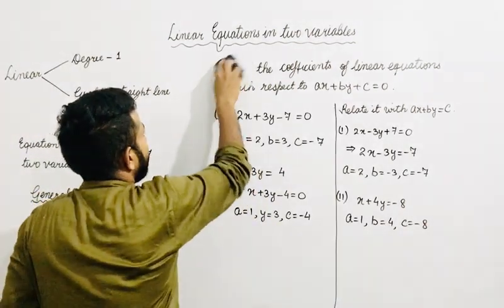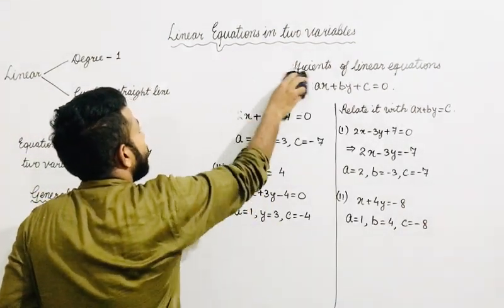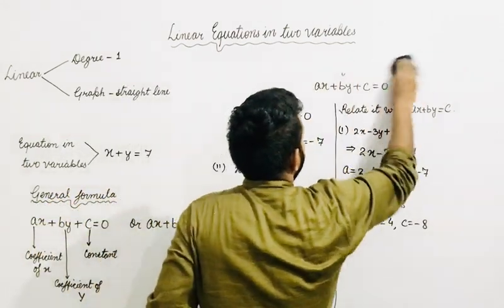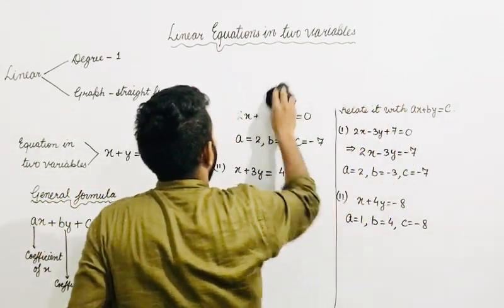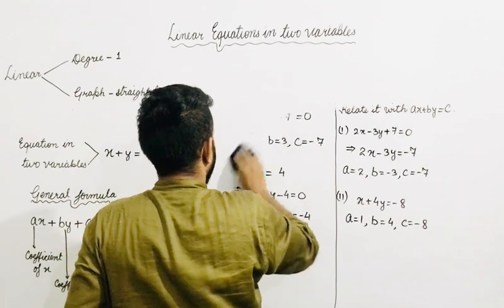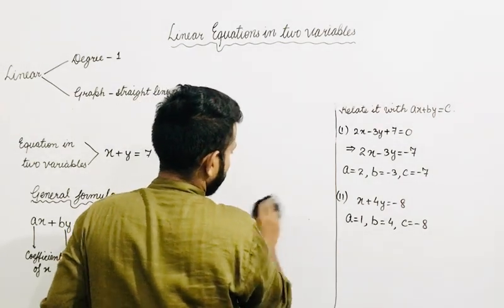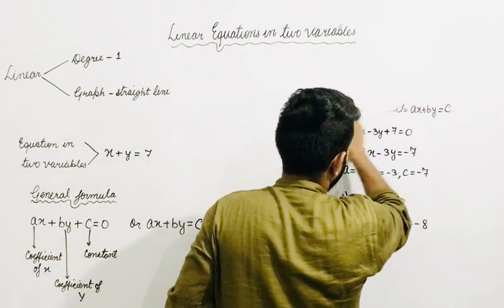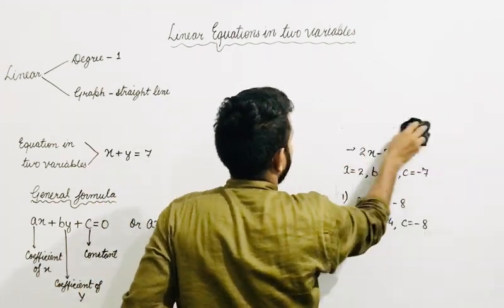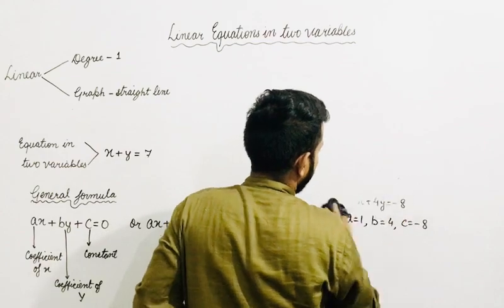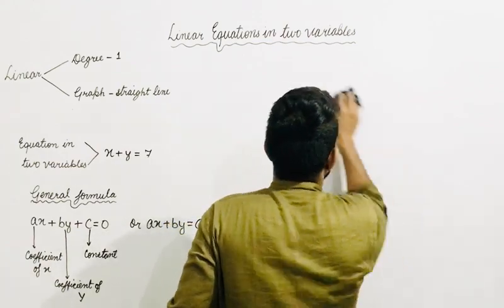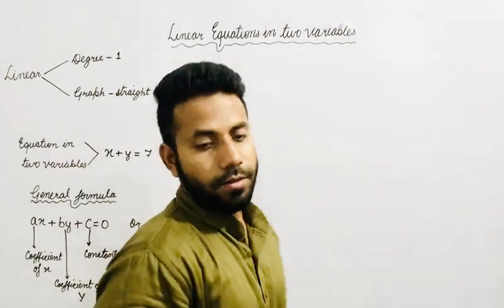What is the slope, or what is the formula of the slope, of a general linear equation in two variables? The slope of a linear equation in two variables is also written as m.